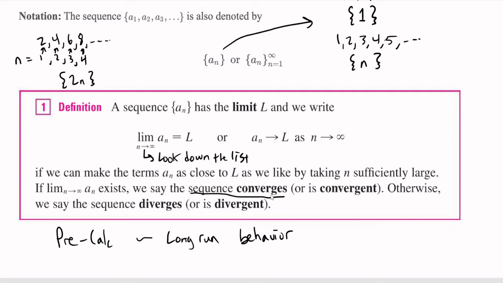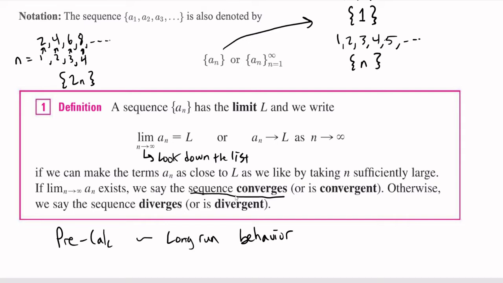Now, I'm being very dramatic when I underline that, because we are going to have two different types of convergence in Chapter 8. A sequence converging, just a list of numbers converging, and then we're going to talk about, in 8.2, something called a series, and a series converging.